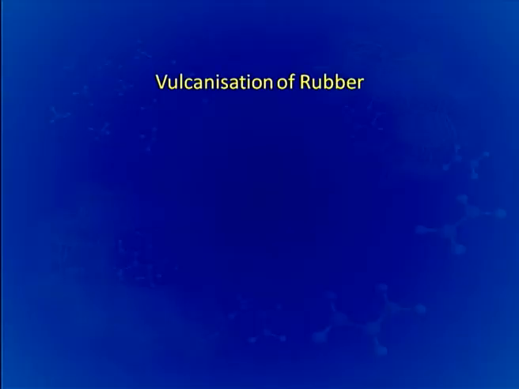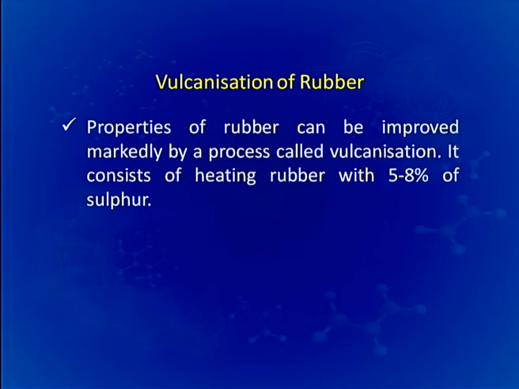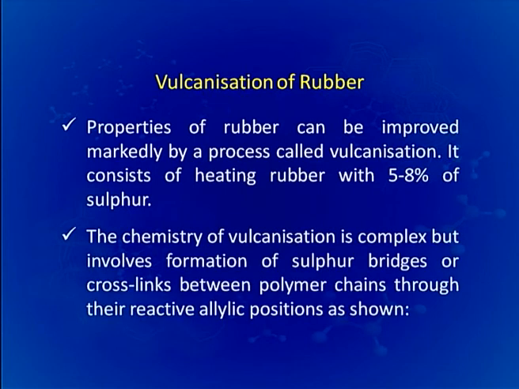Another very important topic which needs to be discussed here is vulcanization of rubber. The properties of rubber can be improved by a process called vulcanization. In this process, rubber is heated with sulfur, and because of this, sulfur forms crosslinks between various chains of polymers.